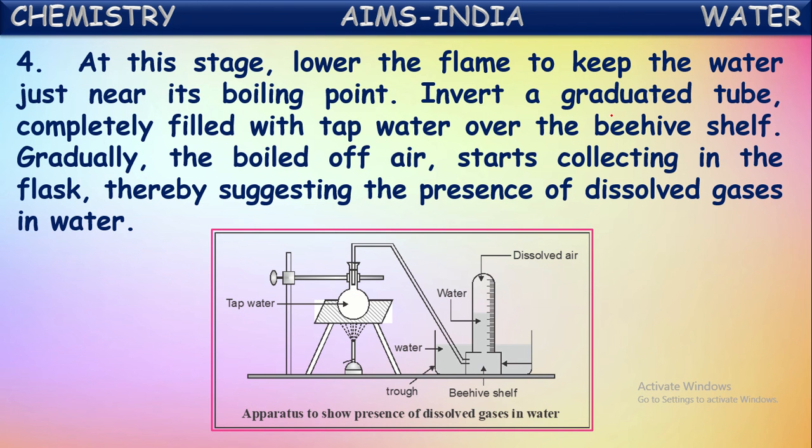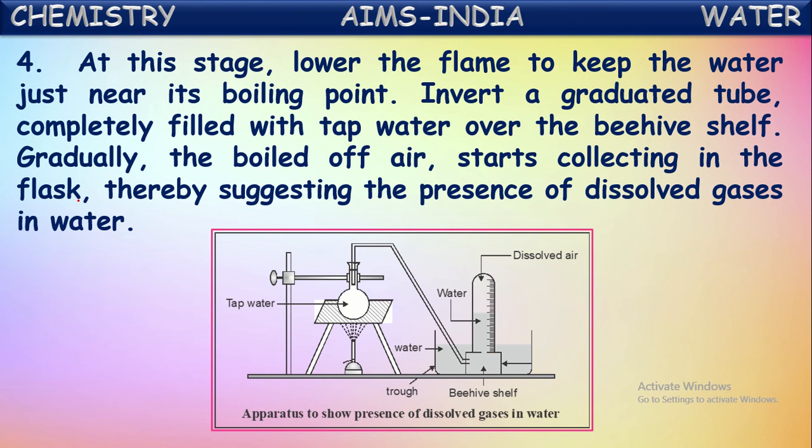Then we have to invert a graduated tube completely filled with tap water over the beehive shell. So this is a test tube, or graduated tube it is called. It is completely filled with the water and it is inverted on the beehive shell.